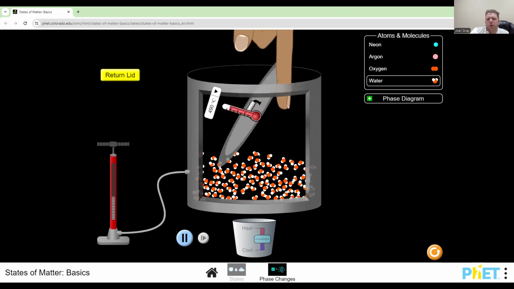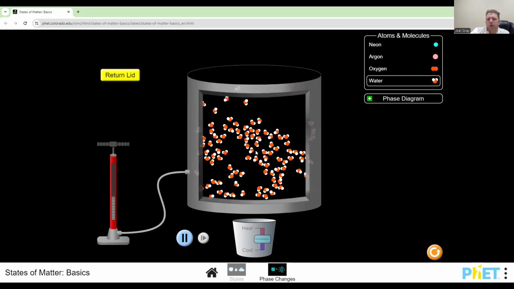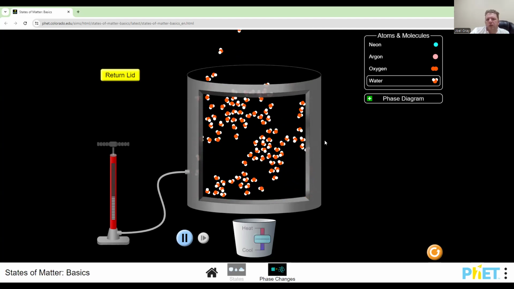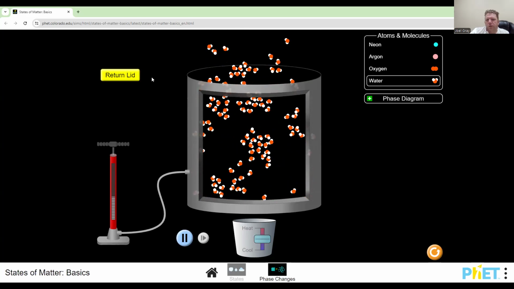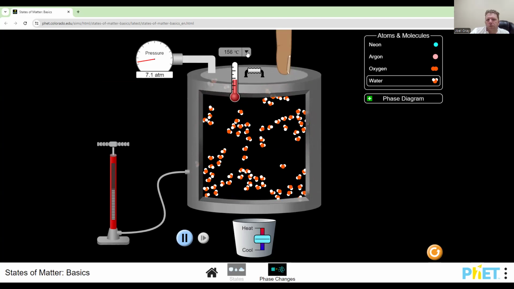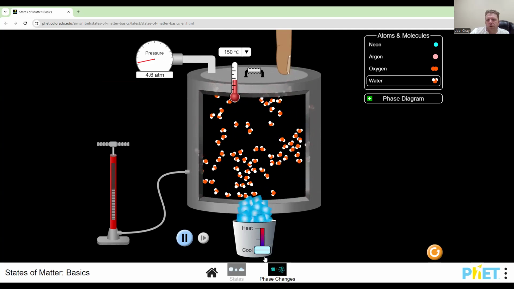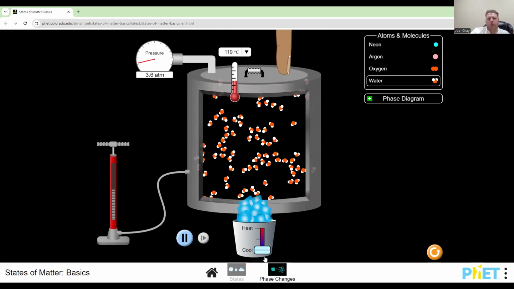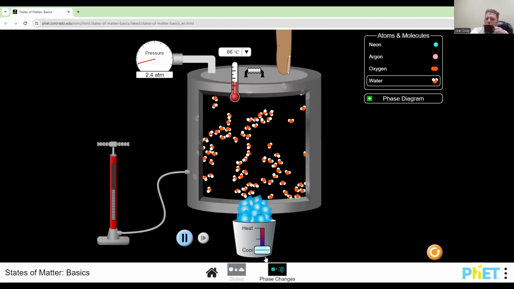As we increase the pressure, oh, popped off. I just did a pressure cooker essentially. I'm going to return my lid there. So let's drop my temperature a little bit. I'm going back to that 5 degrees Celsius.